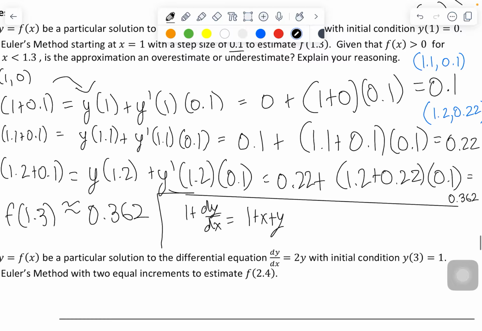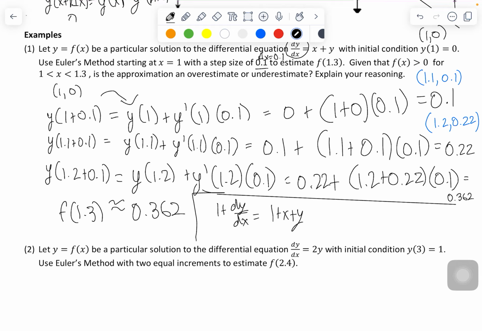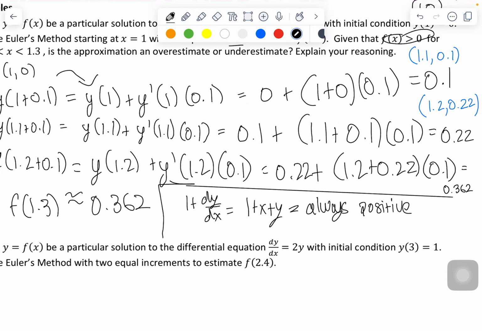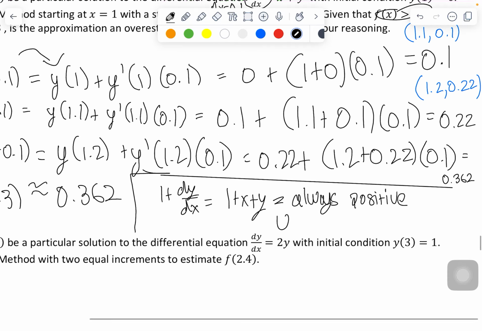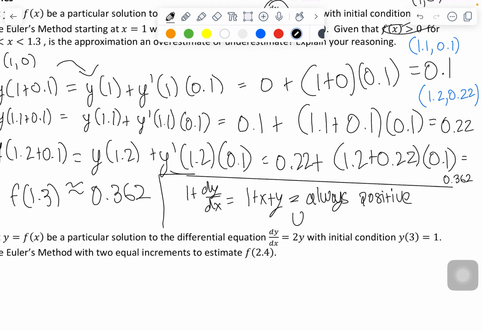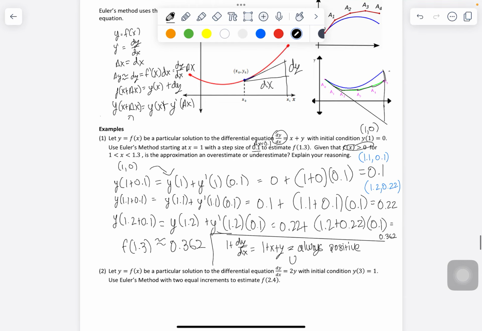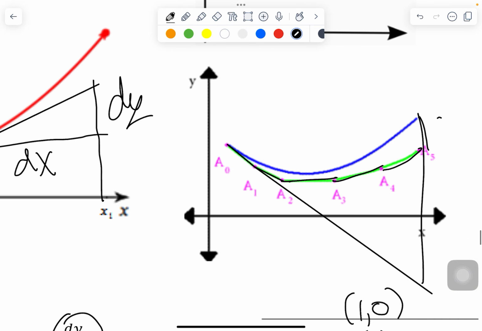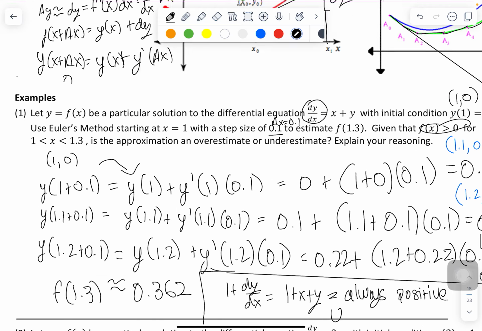And since x is always greater than 0, and we're given y is always greater than 0, we know that this is always positive. And when a function is always positive, or concave up, it means that our approximation will be an underestimate. See here, if we keep readjusting ourselves, we're never going to cross it.